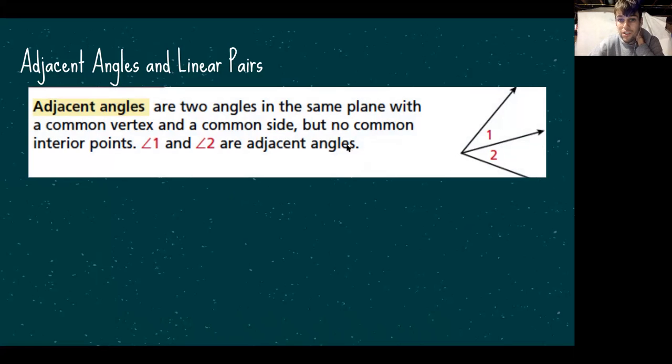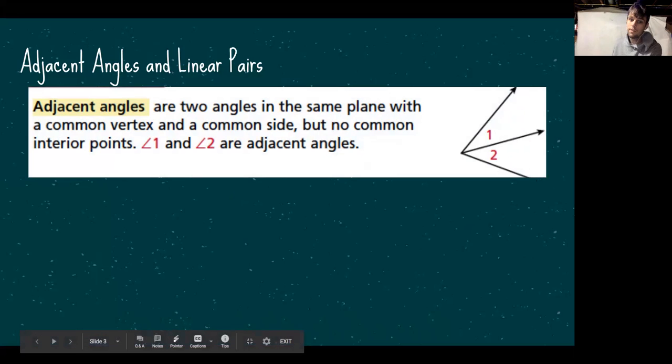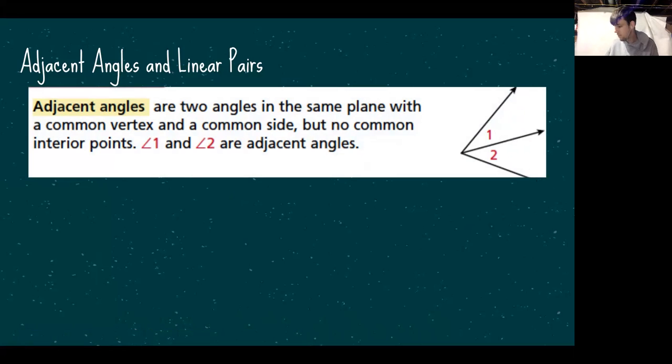So these 2 angles, they're just next to each other, but they have no common interior point. So the interior of this angle is here, interior of this angle is here. And they don't have any overlap as far as the interiors of those angles go.